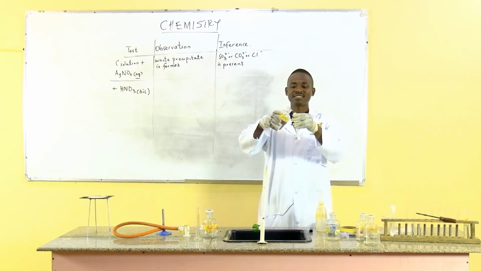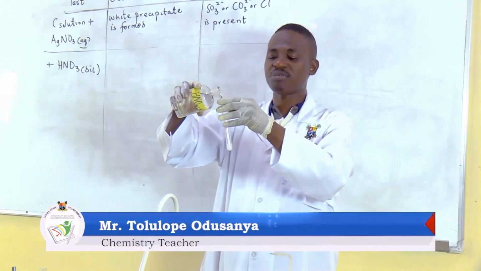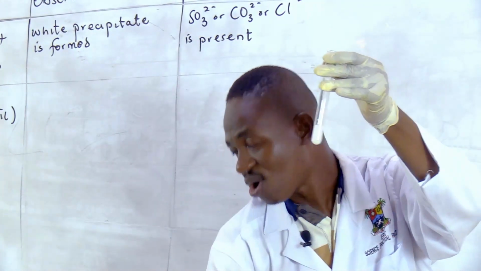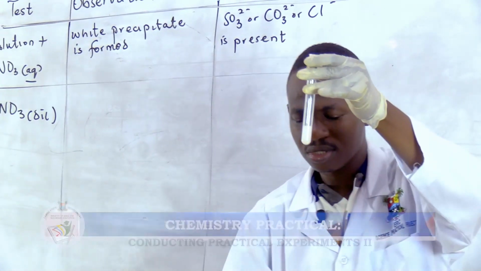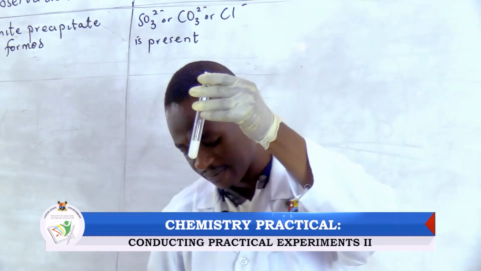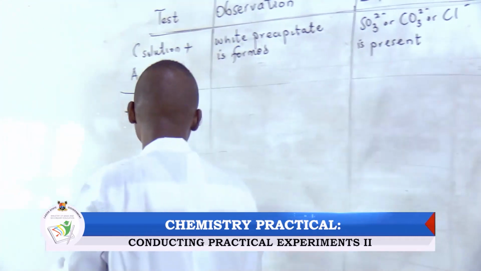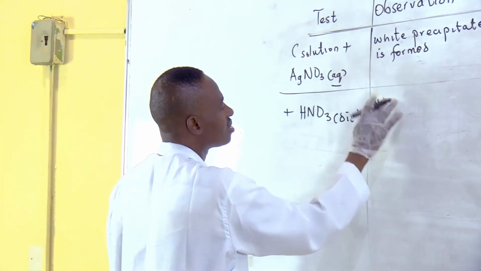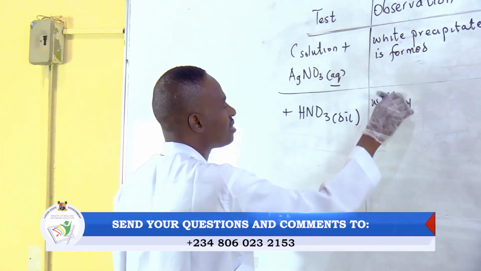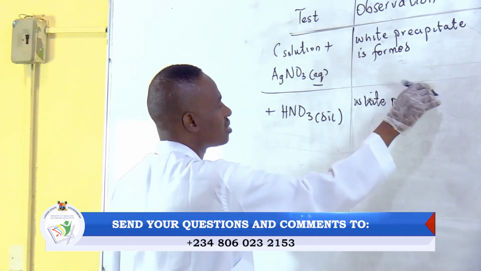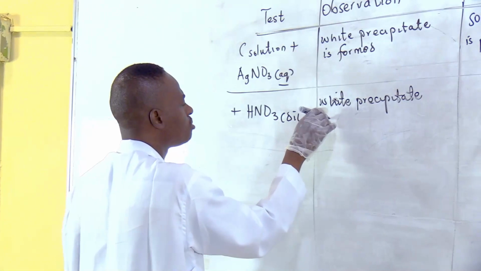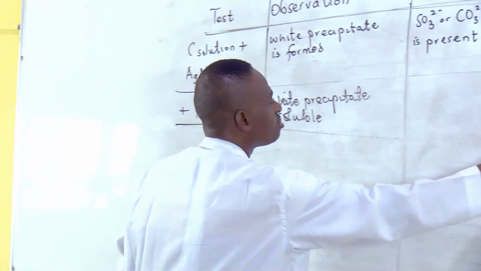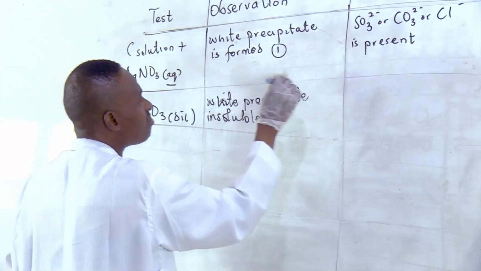So add gently to see what will be the effect. So I discovered that there is no effect of HNO3 dilute on the resulting solution. So what am I going to write here? White precipitate, insoluble. Yes, white precipitate what? Insoluble. And don't forget, 1 mark.